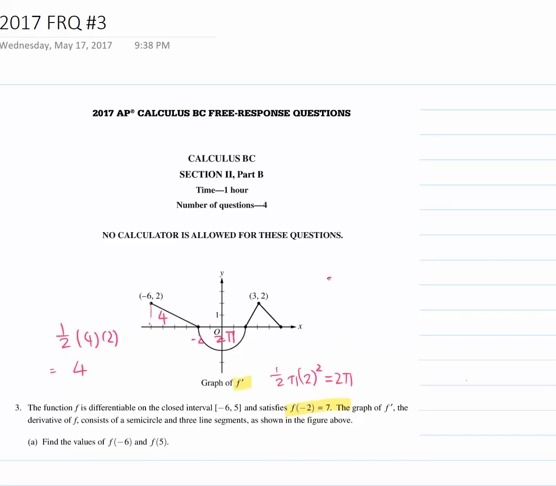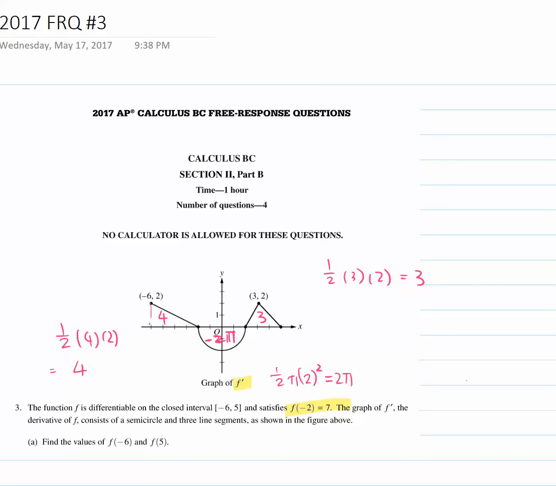And our last triangle, we have 1/2 times the base, which is 3, and the height 2, we get 3. And remember here, because the semicircle is under the x-axis, we need to remember that this is negative 2 pi.